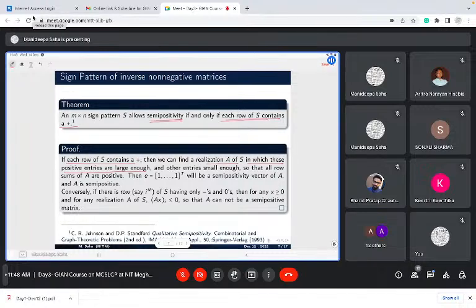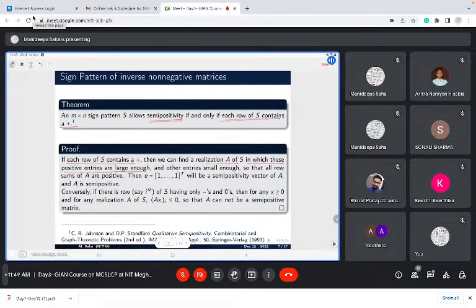Similarly, one can see the converse is also true. If a sign pattern allows semi-positivity, then each row of S also contains a plus. We'll prove it by contradiction. Suppose there is a row which contains only zero and negative elements, so it doesn't have a positive sign.